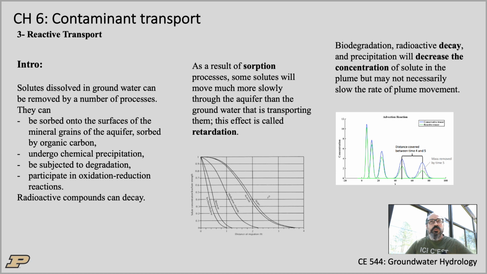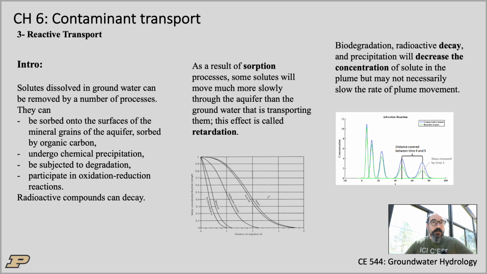So they can sorb to surfaces of the soil matrix or the formation matrix, grains in the aquifer. For organic compounds, we'll talk about them a little bit at the end, but they can sorb on organic carbon. So if you're in a soil, a lot of organics are going to stick to organics, and then they'll have retardation as well, or they'll be slowed down.